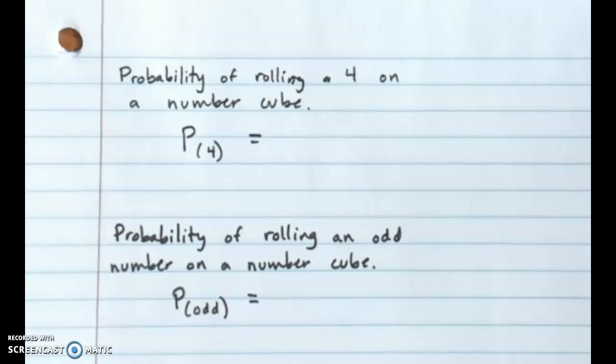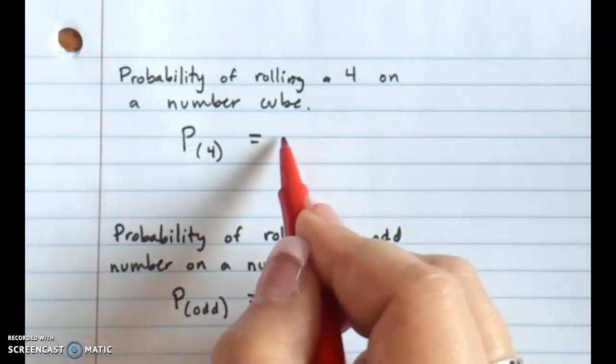Let's take a look at a couple examples. So thinking about rolling a number cube or a die, let's take a look at the probability of rolling a 4 on a number cube. Remember that probability is the number of ways the event can happen over the number of possible outcomes.